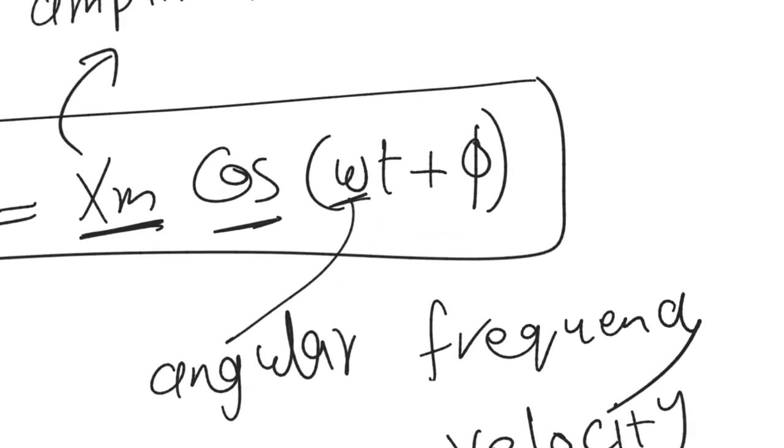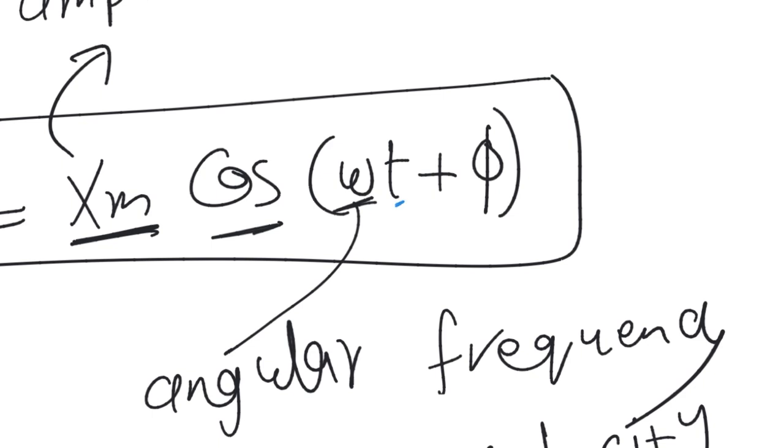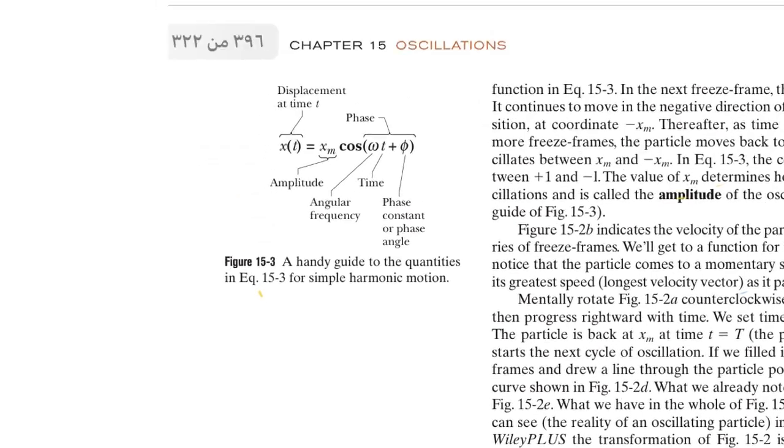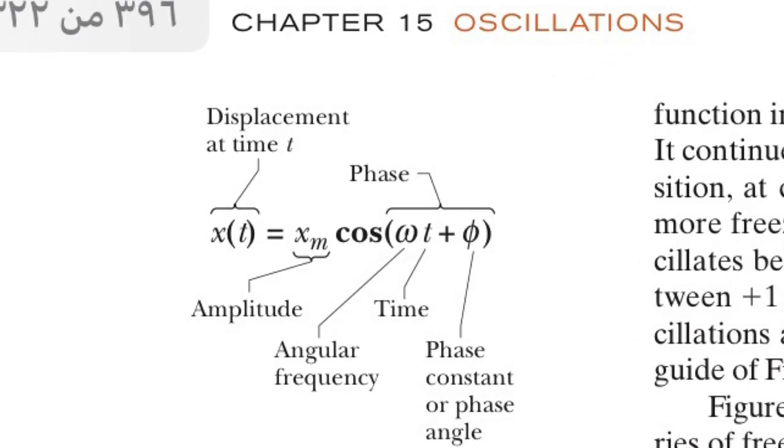And here this is the time, and here this is the phase. What is the phase? Phase is the argument of the cosine function, and I will explain this more in the coming slides. Okay, so now here is this function which I explained. This is x of t, the displacement at any time.